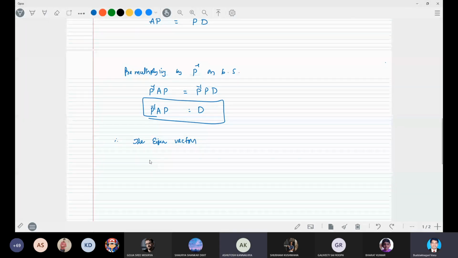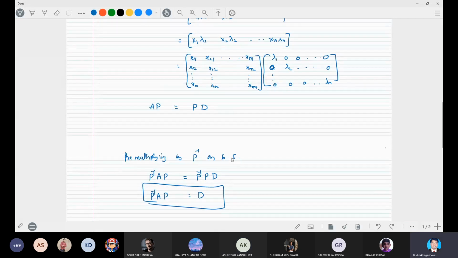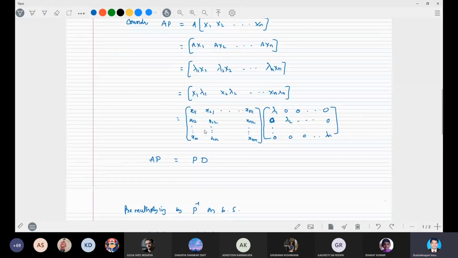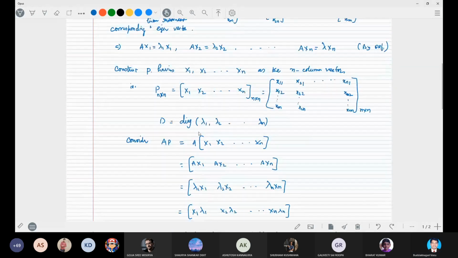So what we understood here is that A is diagonalized to D by the matrix P, where P is constituted by the linearly independent eigenvectors x1, x2, x3, and so on, xn. And the eigenvalues constitute the diagonal matrix or the spectral matrix.